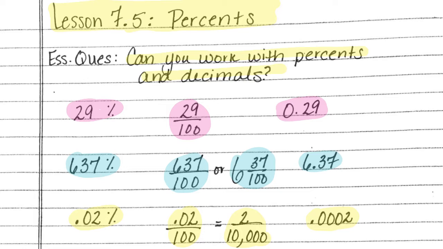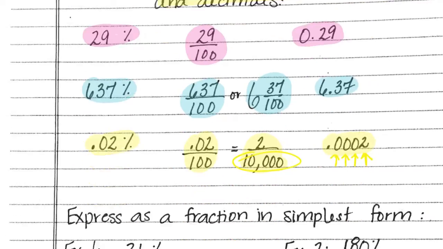So let's just review. Tens, hundreds, thousands, 10,000s, and that's where they get that 10,000ths.